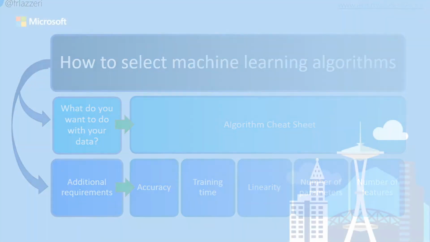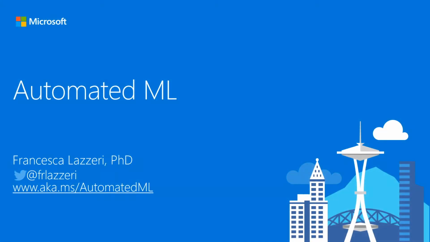The other authoring tool that we have on Azure Machine Learning is called Automated Machine Learning. Automated Machine Learning, I think, became very popular a couple of years ago because it's a feature that was created by Microsoft Research, and the Azure Machine Learning product team was able to integrate it within their product, within Azure Machine Learning.